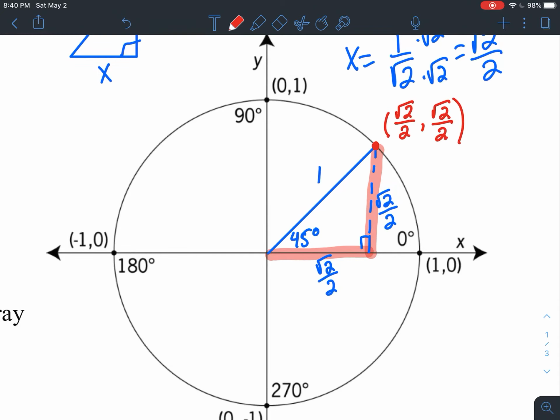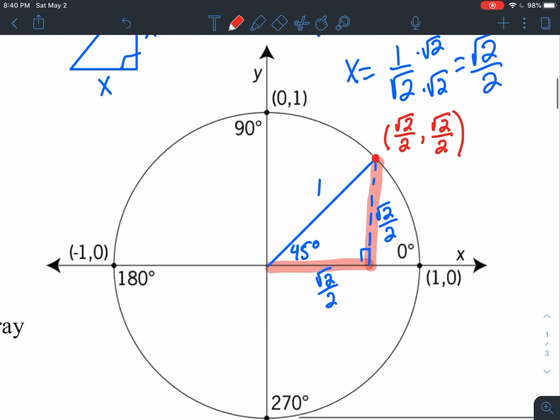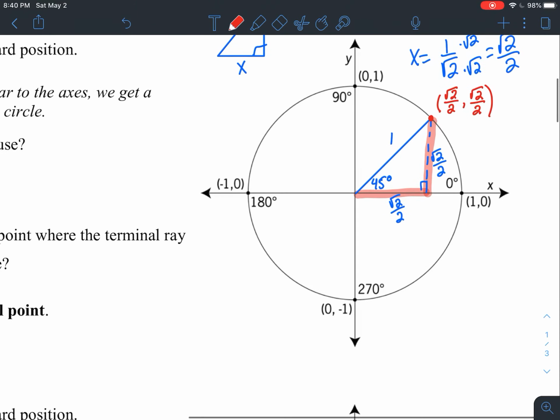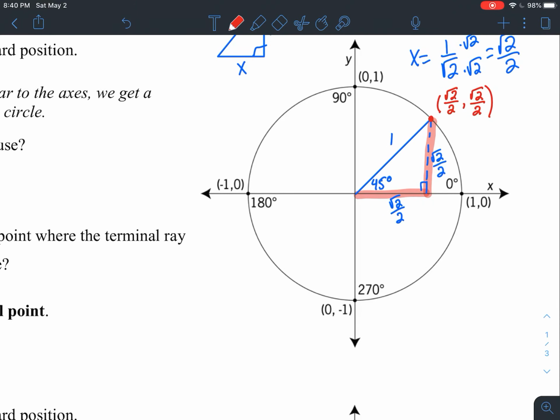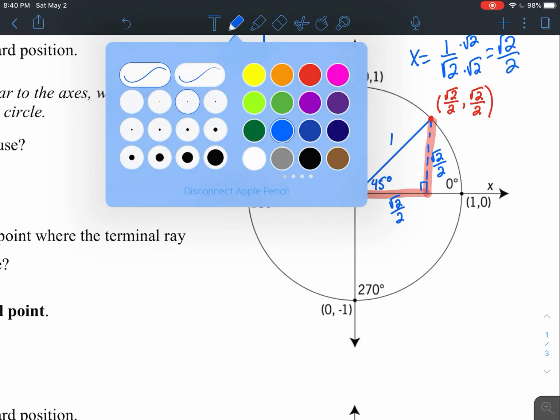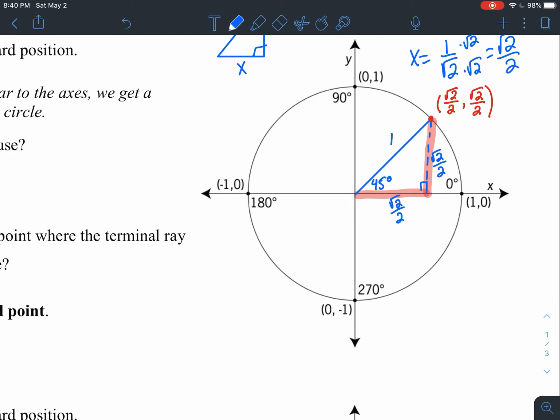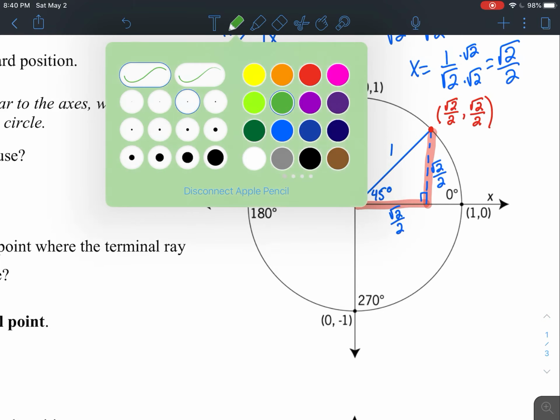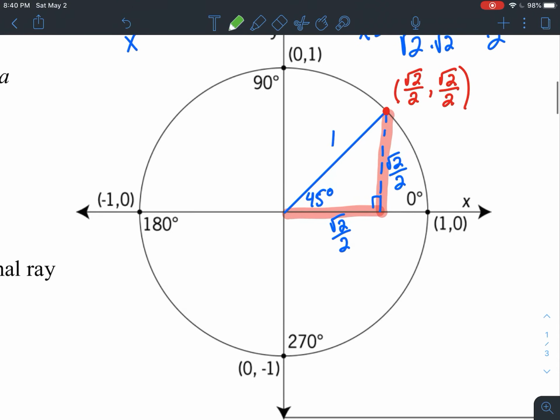Now, where this is useful, and the reason that we're studying this unit circle, these angles in the unit circle, is because of evaluating sine or cosine. Let's switch over to green. Let's just say the sine of 45 degrees, and we'll use this as an example.